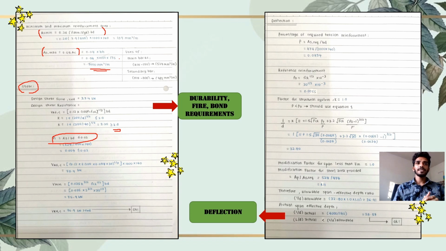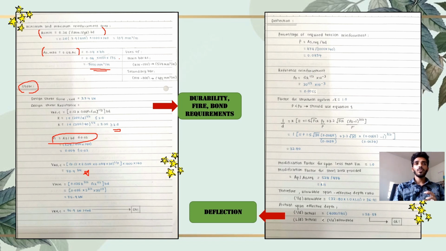And for VRD,c, after inserting the numbers into the formula, it will be 0.12 times 2 times 100 times 0.004 times 30 to the power of 1 over 3, times 1000 times 140. So what we are able to get will be 78.9 kilonewton. That will be the answer for our VRD,c.